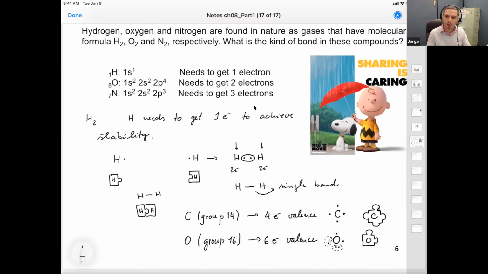So always try to fit atoms in the puzzle that can be fitted to achieve 8 electrons in the valence shell for all of them. Remember, when you have hydrogen, 2 electrons is enough for stability. So the trick here is that when you have hydrogen, there is always going to be a single bond, okay? And that's going to be enough for hydrogen.